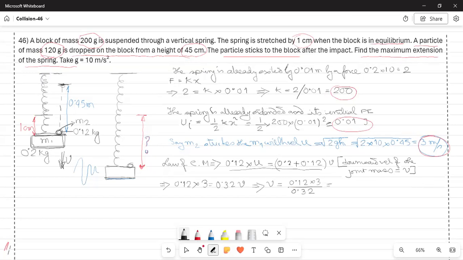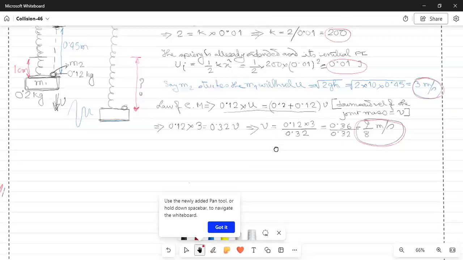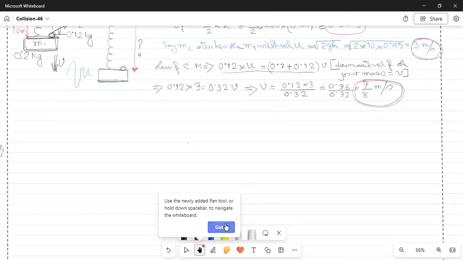This is equal to 0.36 by 0.32, which is 9 by 8 meter per second. This is v, the initial velocity with which the joint mass starts shooting down. Right? Now we shall make some more space here and continue.